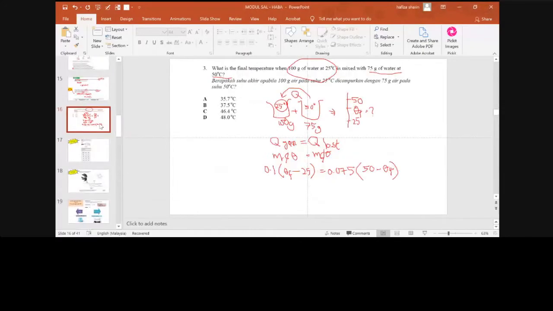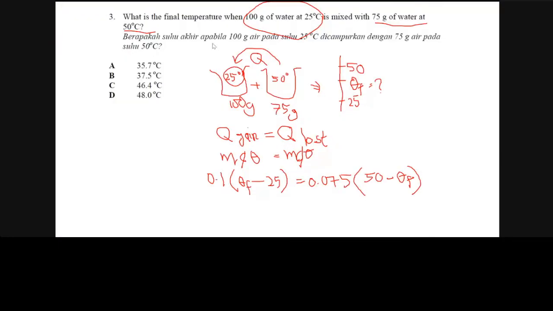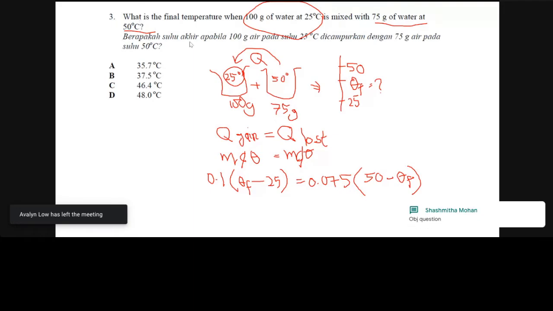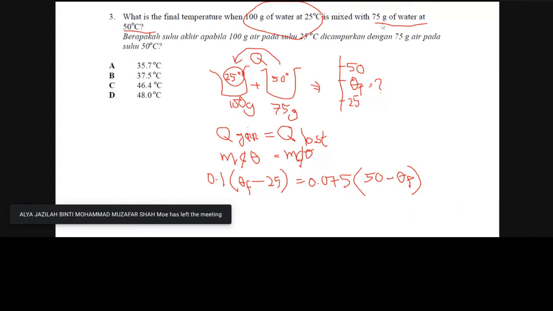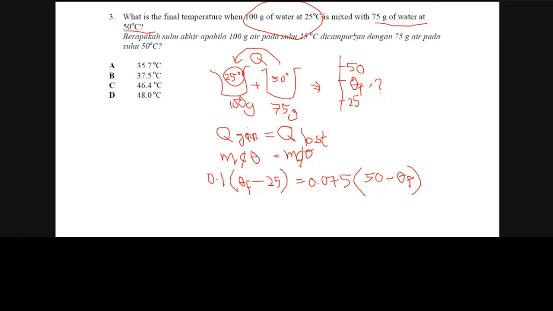Okay, this one. Many people are confused. Now this is a question involving mixtures. What is the final temperature when 100 gram of water at 25 degrees C is mixed with 75 gram of hot water? In everyday language, what is the temperature if you mix hot water with cold water? The answer is you get warm water. But in science, I need to know the exact temperature of this warm water. If you draw it, it's actually better.